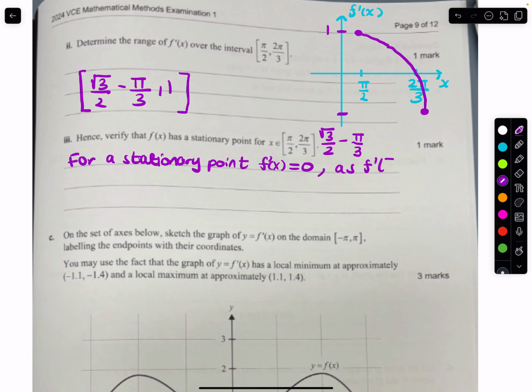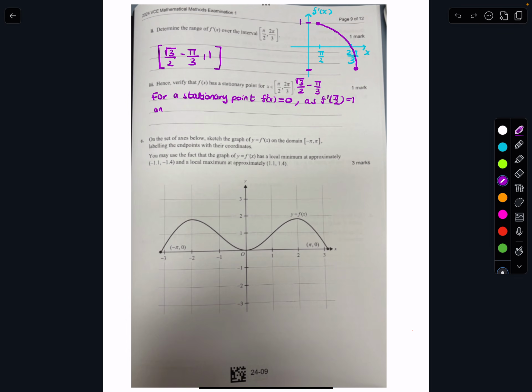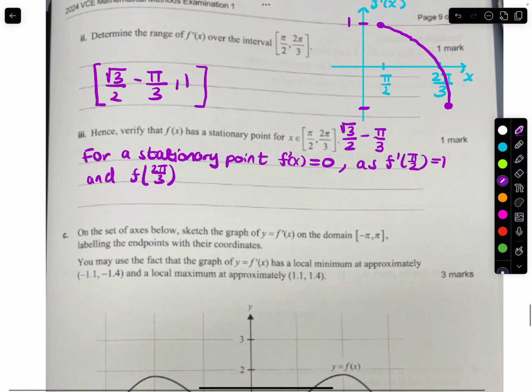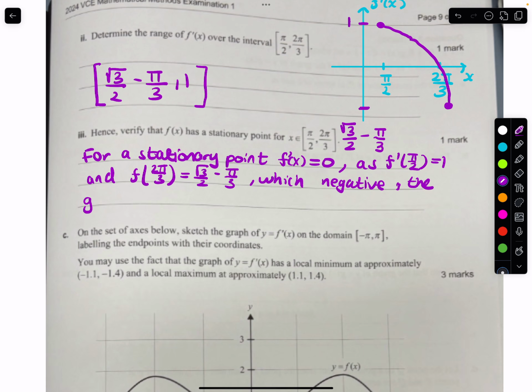As f dash of pi on 2 is 1, and f dash of 2 pi on 3 is equal to root 3 over 2 minus pi on 3, which is less than 0, a negative number, the graph of f dash must cross the x-axis, hence a stationary point.